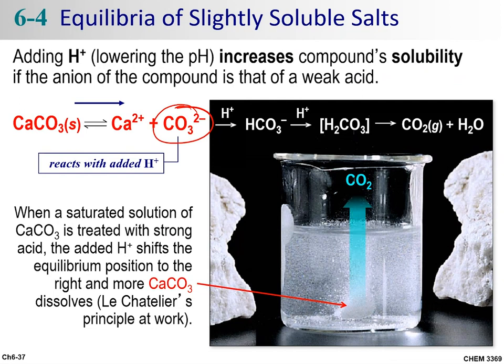If you make more carbonic acid, it also means that you will have more CO2, and that CO2 is now released from the solution, and that's why the solution is fizzing. This is a test for carbonate, actually. A very simple test. You can add acid to the solution, and if there is CO2 bubbling out of your solution, it means that you have carbonate in there.